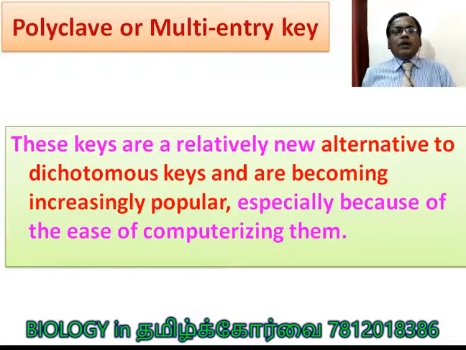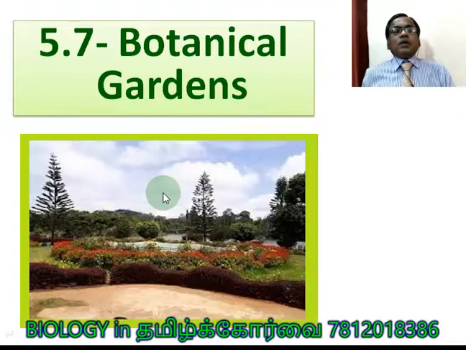These polyclave keys are becoming increasingly popular, especially because of the ease of computerizing them. So the computer will take care of identification. As you type the character, automatically it will give the particular family, genus, and species level. So it is very easy for us to identify the plants.